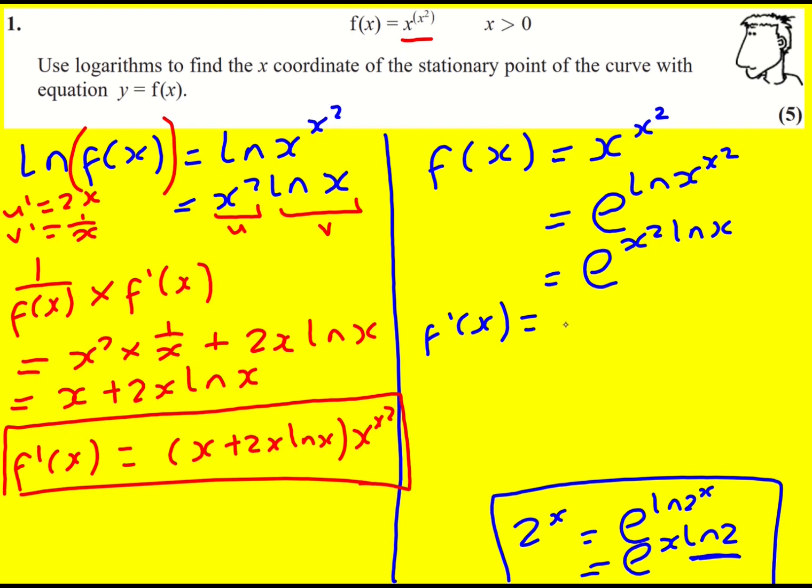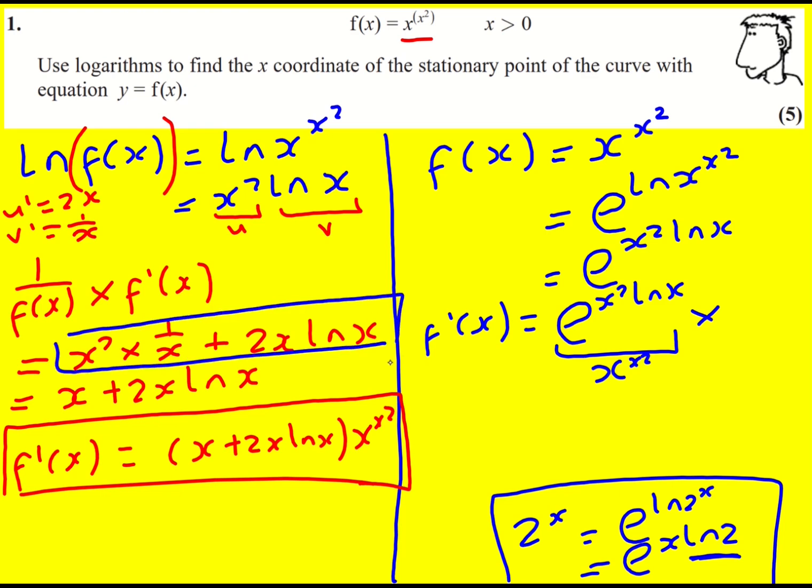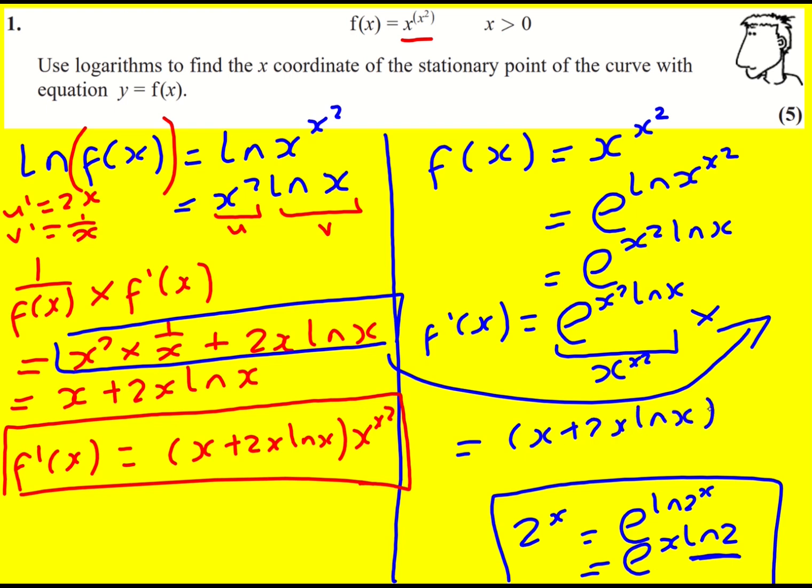It's just e. E stays as it is. In fact, that's the original function. And then I times by the derivative of the inside, which I worked out before. It's just this thing here. So I can bring that in, and I get the exact same answer. So I'm going to get x plus 2x ln x.